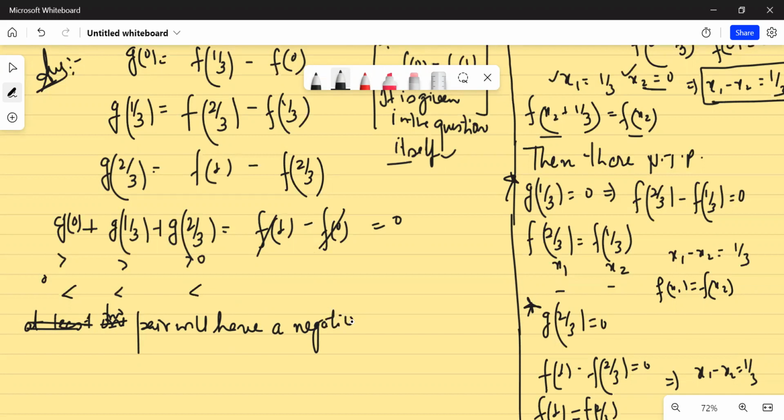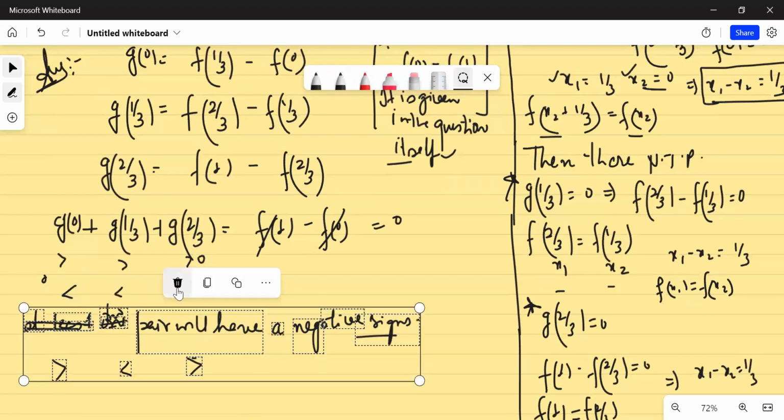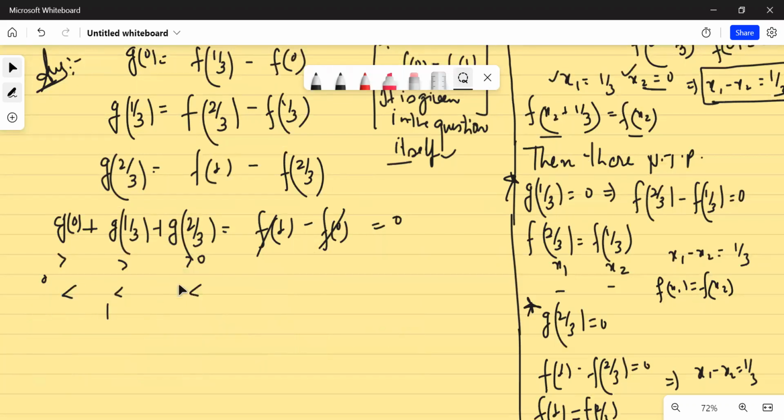Yes. I'm saying two pairs. Why pairs? Because see, if this is positive, at least one of these two has to be negative. So I'll not write at least on all these things. I'll write the possibilities. That would be good thing to see.